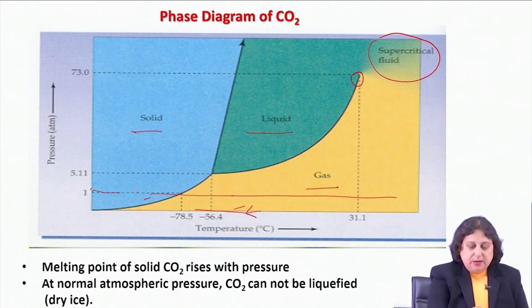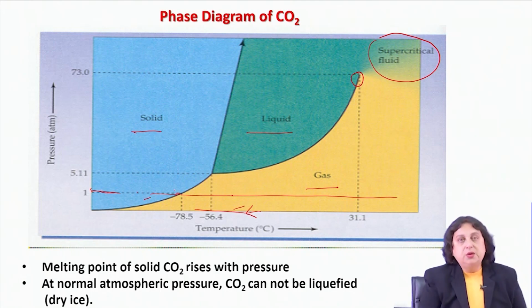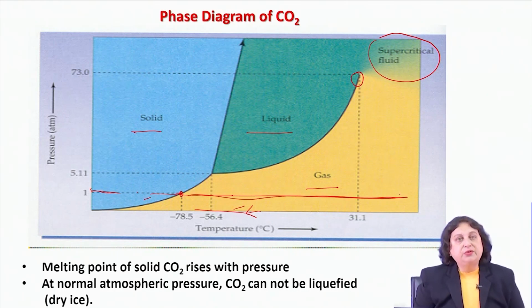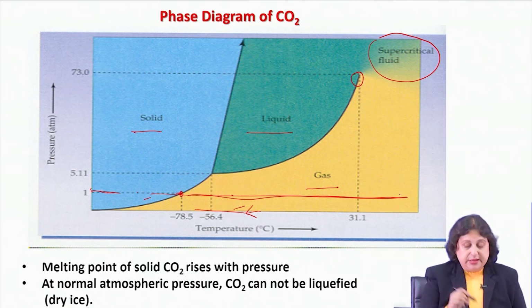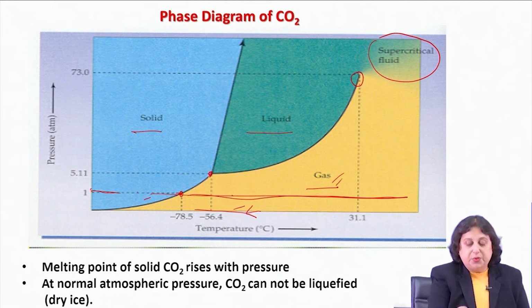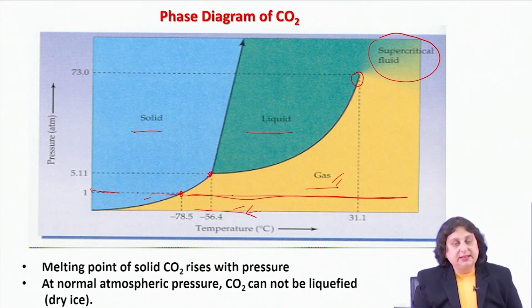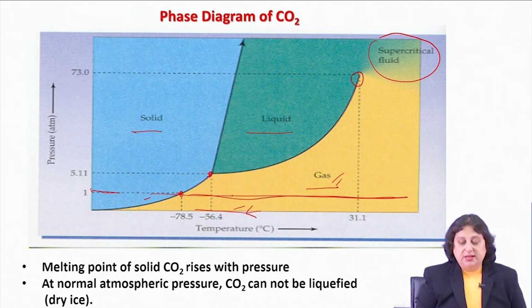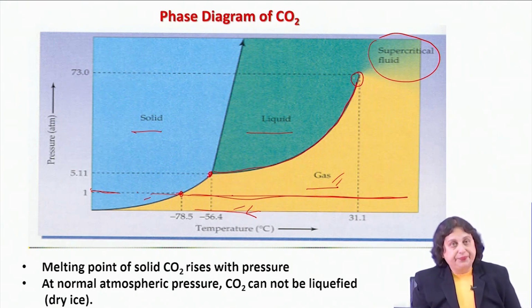And because there is no gas-liquid coexistence line at normal atmospheric pressure, as I extend it to the higher temperature, I would say that at normal atmospheric pressure, carbon dioxide cannot be liquefied. Or I can otherwise also say that if I want to liquefy the gas, then I have to go at least beyond this point, at a pressure higher than, say, 5.11 atmosphere, such that I hit the liquid-gas coexistence line.